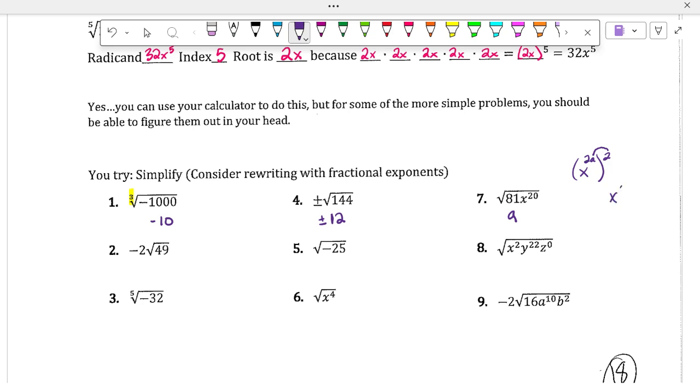So we have x to the 2a. Well, if you're taking a square root, that's the same thing as if we turn to a fractional exponent, 1/2. So what happens is that if you multiply 2a by 1/2, you get 2a over 2, which is just a. So in reality, you're either multiplying by 1/2 or you're dividing that exponent by 2. So if I divide 20 by 2, I get x to the 10th.